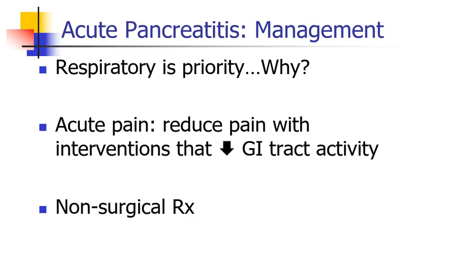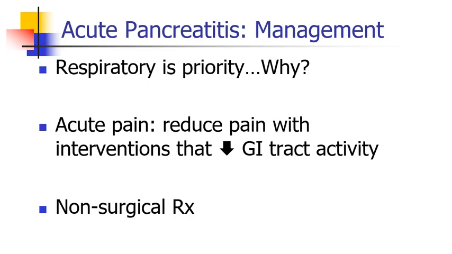We need to deal with that acute pain, and we need to do that by interventions that reduce GI tract activity. So the patient is going to be NPO, because anytime you eat or drink something, it stimulates enzymes to be secreted into the digestive tract.